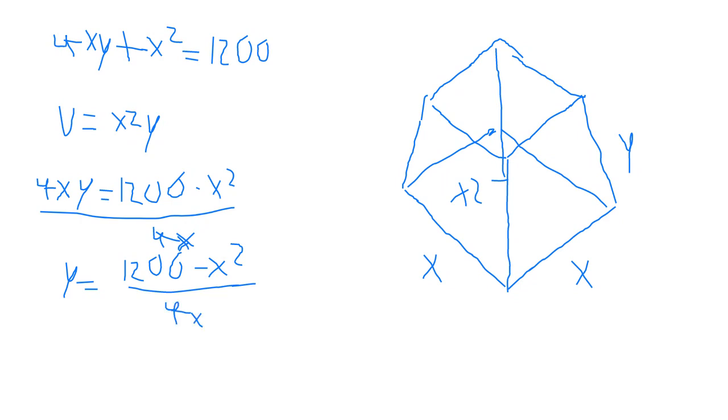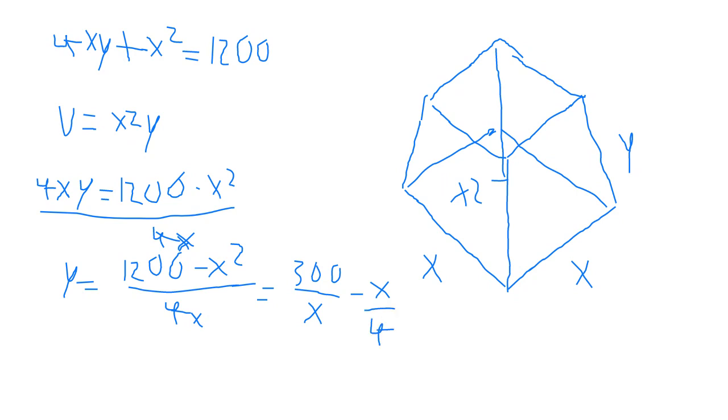We can further simplify this if we separate into 2 fractions. We have 1200 over 4x, or just 300 over x, and then negative x squared over 4x, which simplifies to negative x over 4. So this is our y.